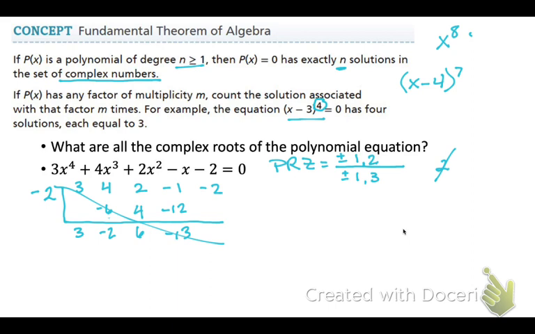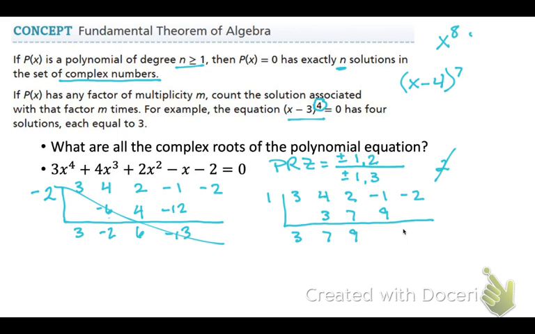Negative 3? Well, we don't have negative 3. The only other whole number we have is 1. You guys want to try 1? Sure. Okay. Is that going to work out for me?